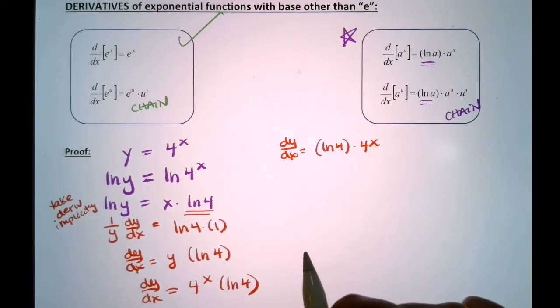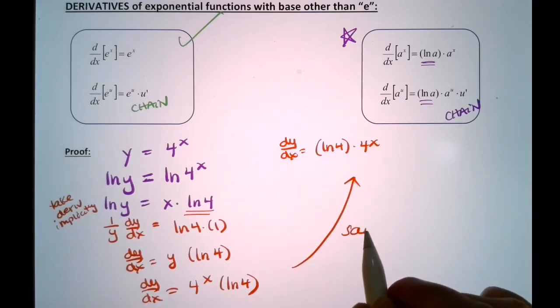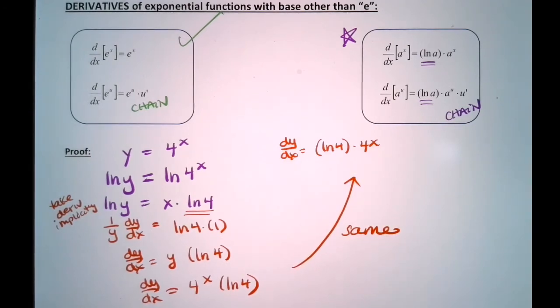And that is the same thing. That's why you have that little extra natural log of 4 in there. Multiplication is commutative, doesn't matter what comes first. I just wanted to show that to you so it doesn't sound like I'm trying to trick you. So that's one of our new rules for derivatives.